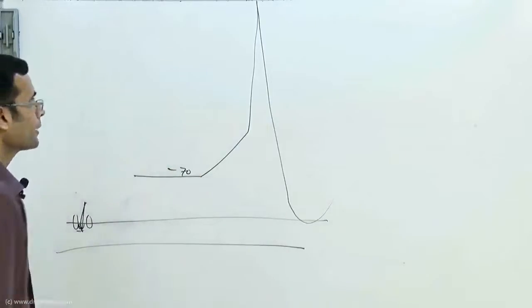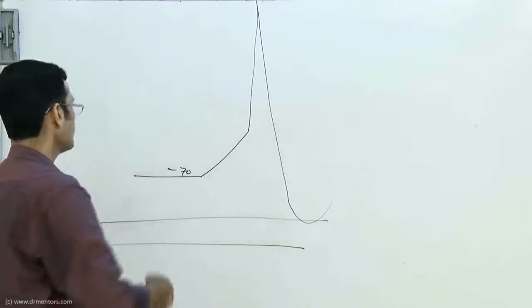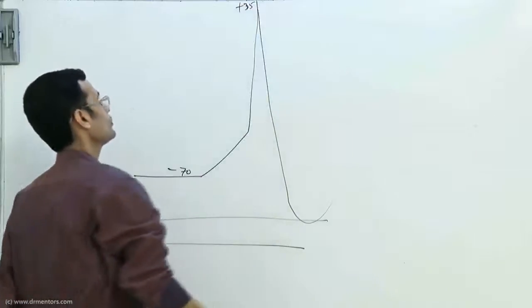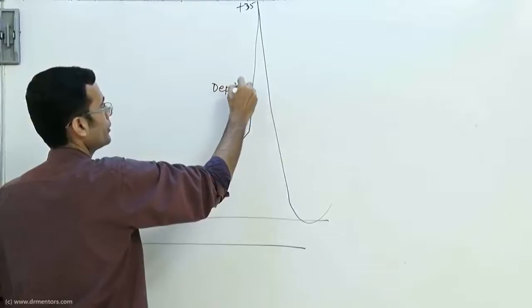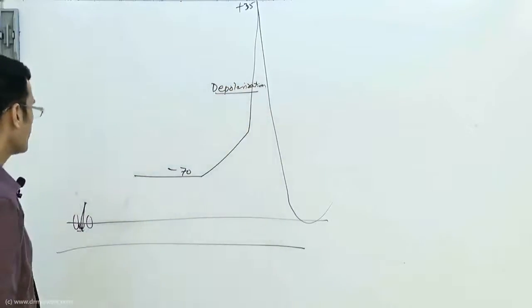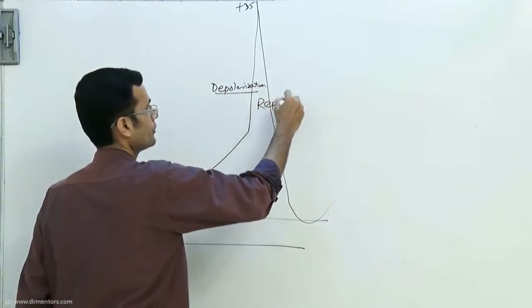Minus 70 was the RMP. Inside it becomes positive. It reaches almost plus 35 to plus 45 millivolts. That's called depolarization. And inside again becomes negative at that point, which is called repolarization.